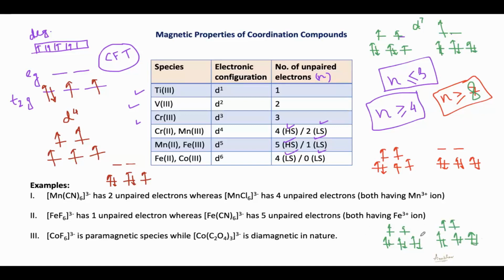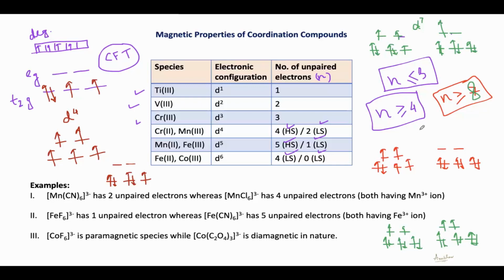You see, both these electronic configurations are just the same. Here also we have 2 unpaired electrons in the eg. Here also we are having 2 unpaired electrons in the eg. So for n greater than or equal to 8, the thing is quite the same. For n less than or equal to 3, the things are actually the same.